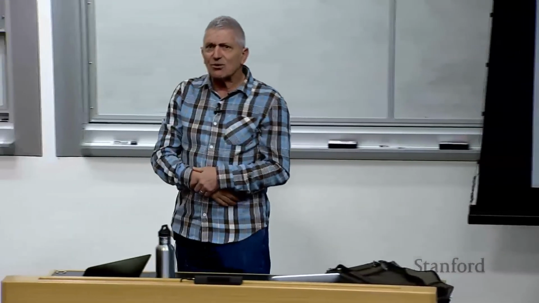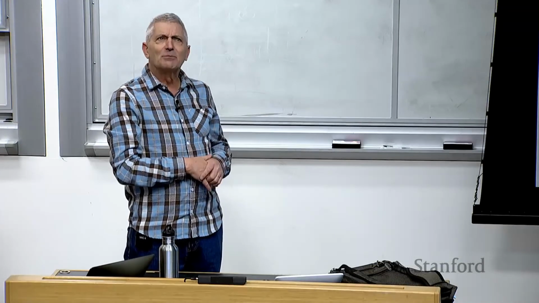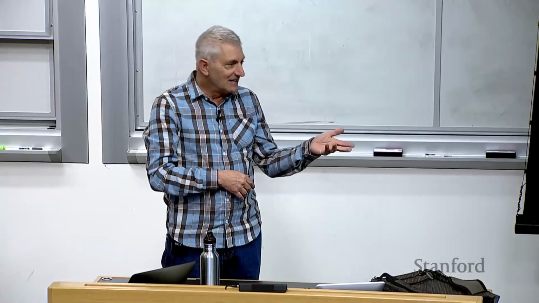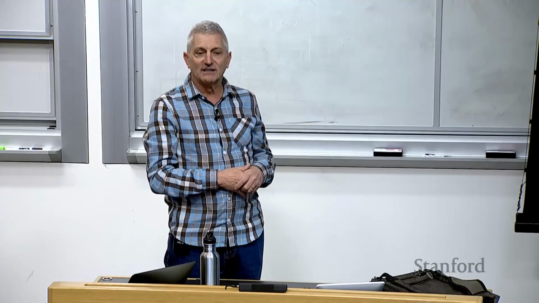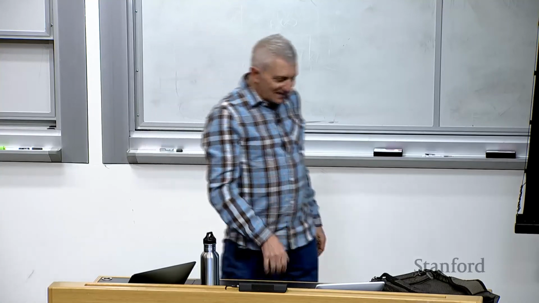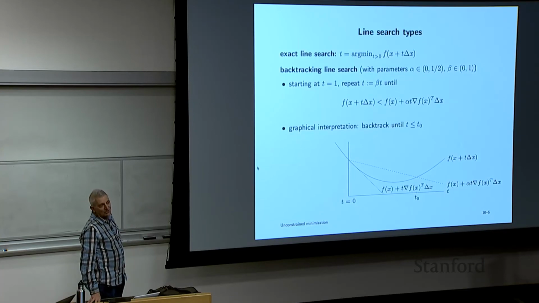Now, your intuition, actually the story of a lot of this unconstrained minimization is that there will be several times when something you would think is right is just completely wrong. So now I'll tell you the first one. You would look at this and say it's obviously better to do an exact line search.